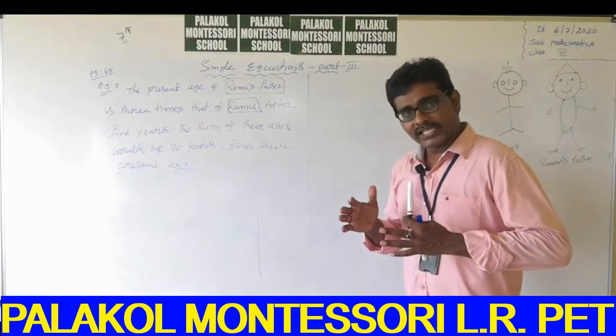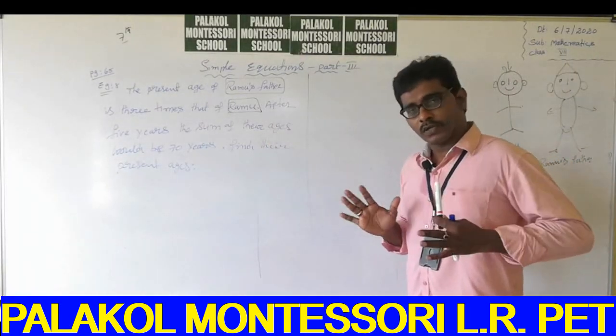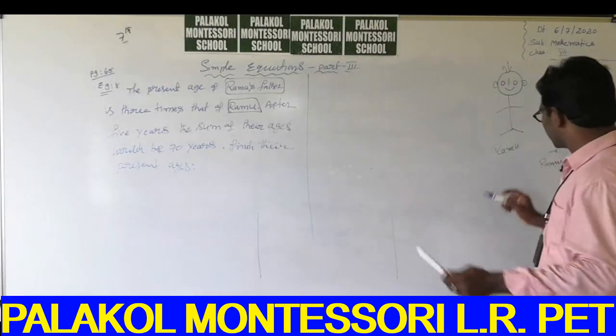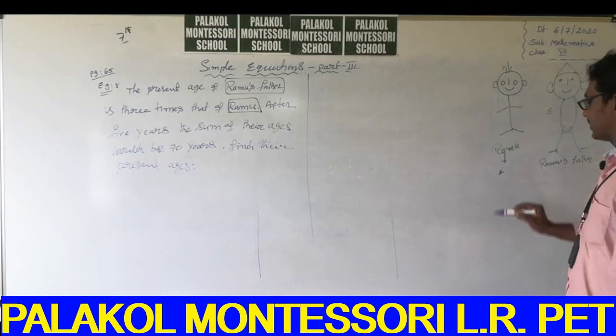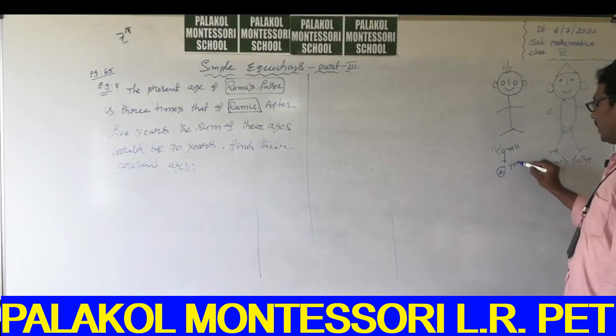You don't know Ramu's present age, so write x. So Ramu's present age is x years.